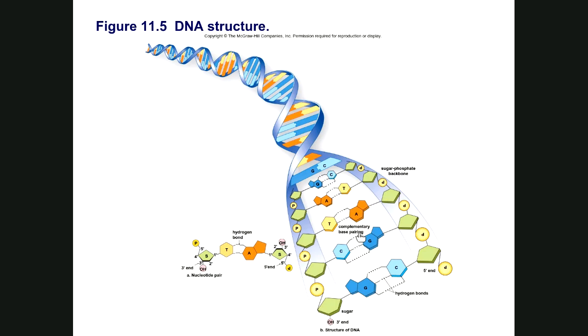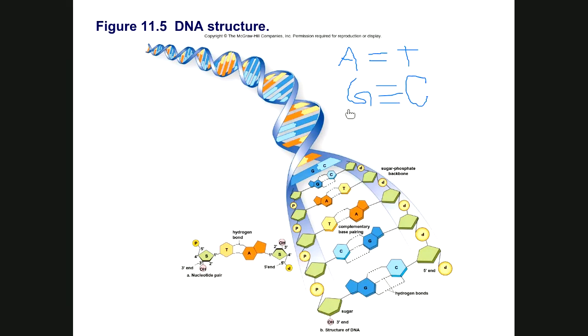Another piece of information is that A is always paired with T by 2 hydrogen bonds, and G is bonded with C by 3 hydrogen bonds.